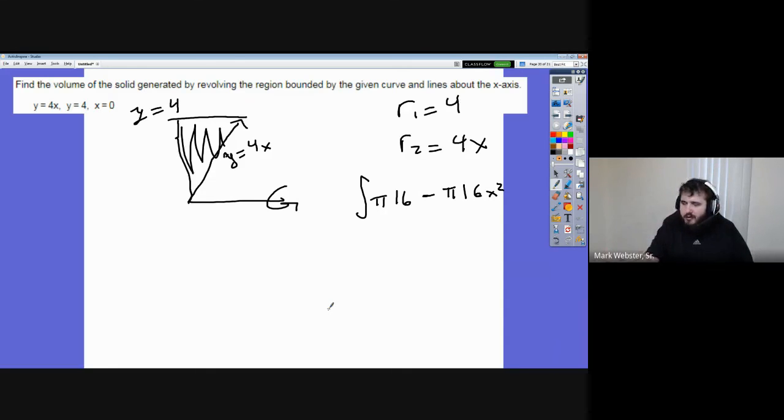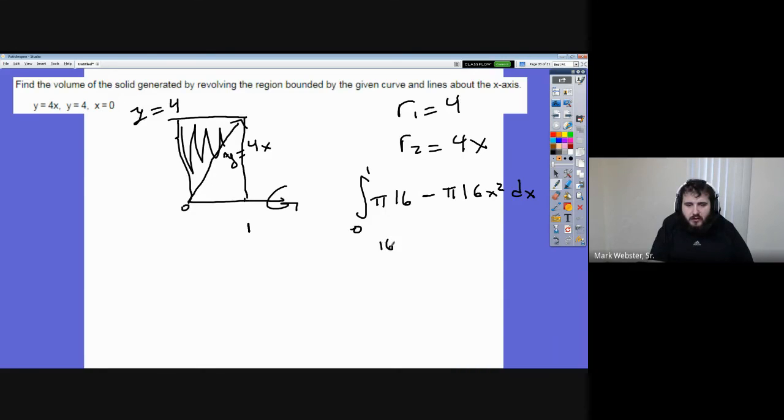Don't think too hard. And we're going from where? From x is 0, and when y is 4, x is going to be 1. It's from 0 to 1 on the x.